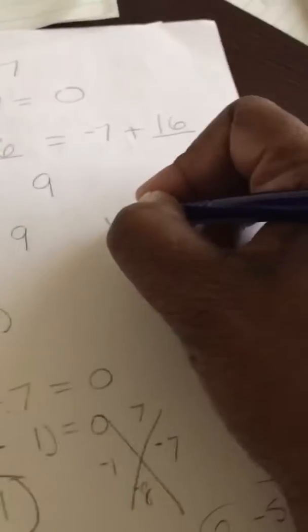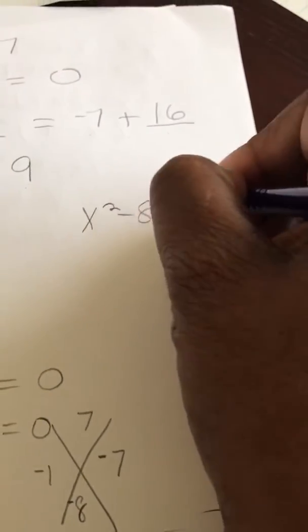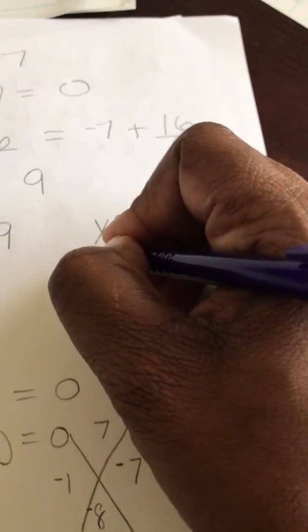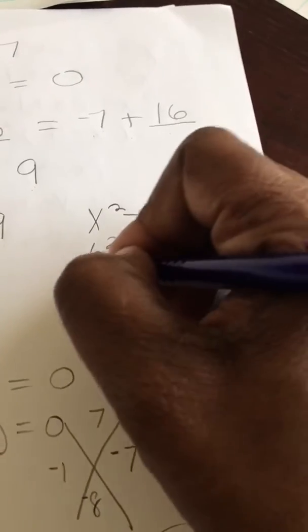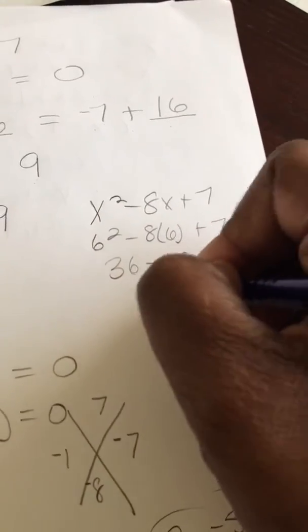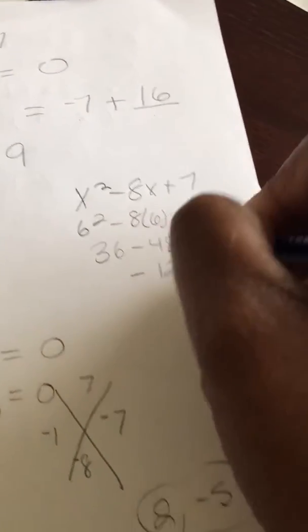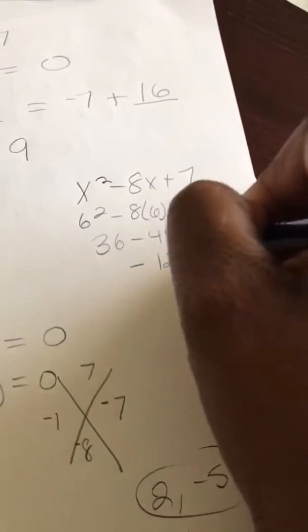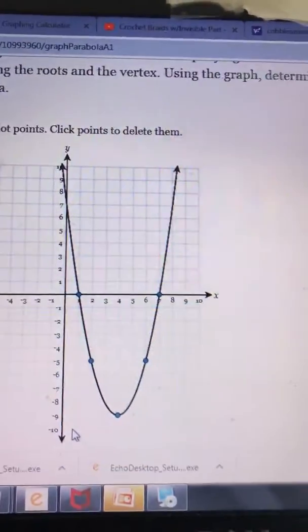Let's plug in 6 to prove that it does work. x squared minus 8x plus 7. 6 squared minus 8 times 6 plus 7. 36 minus 48 equals negative 12, plus 7 equals negative 5. The math checks, guys. It's hard to do this in decimals, and there you go. You have your 2 points.